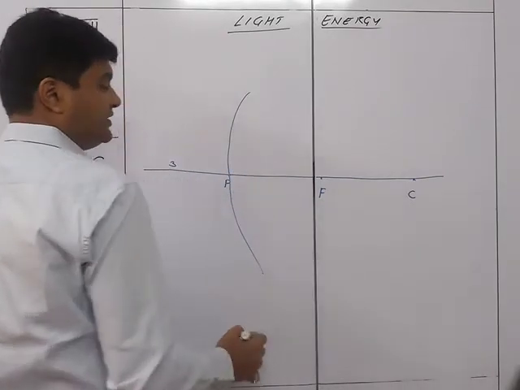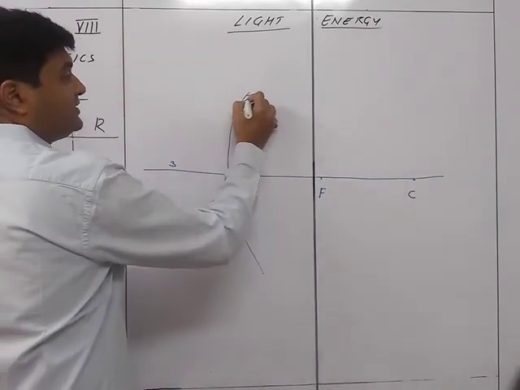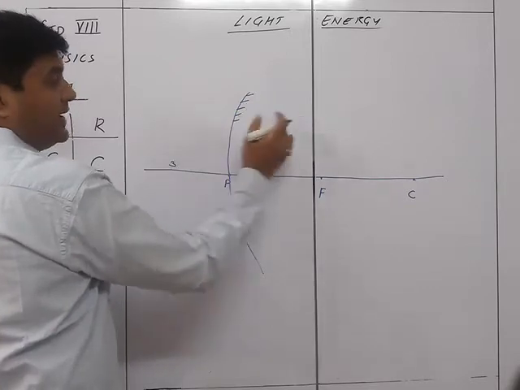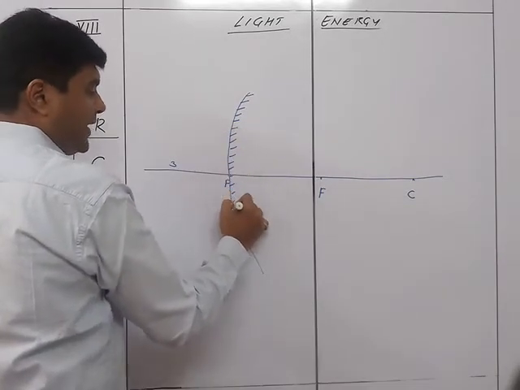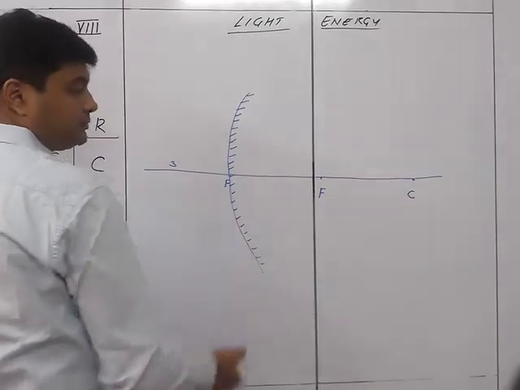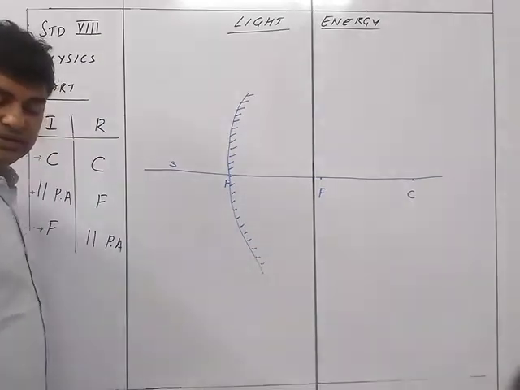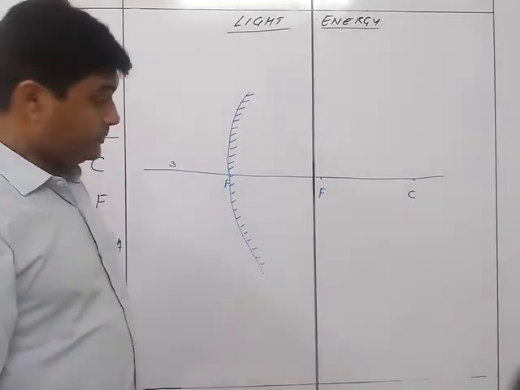But now the only difference is that my reflecting surface is this side and not this side. So this is the convex mirror.